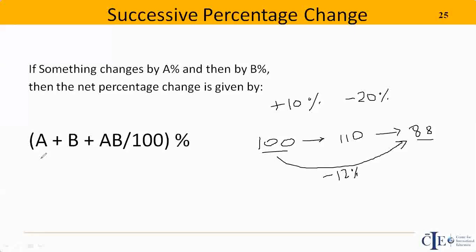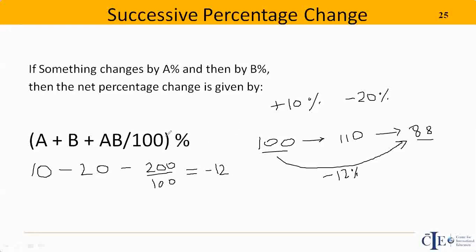Even if you substitute, you will see this is plus 10, this is minus 20, and here it's going to be minus 200 over 100, because plus into minus would be a minus. So 10 minus 20 minus 2 gives minus 12.